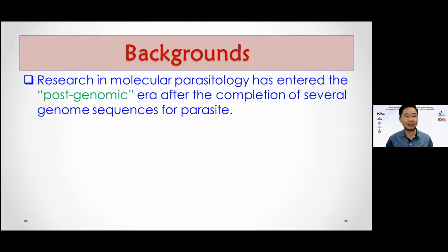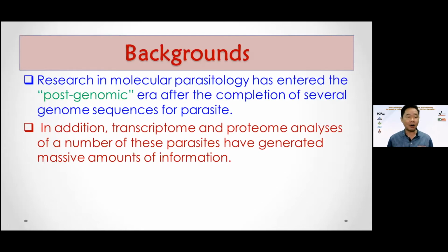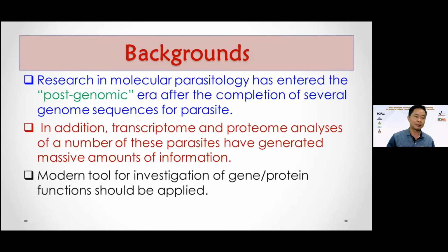In Opisthorchis viverrini the genome is already complete, and several parasitic diseases already have complete genomes. In addition to the genome, transcriptome and proteomics studies have been done in many parasites, generating a massive amount of information. So tools to investigate gene and protein function should be applied.